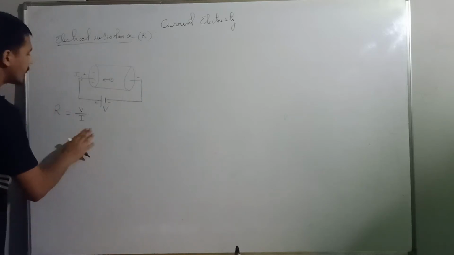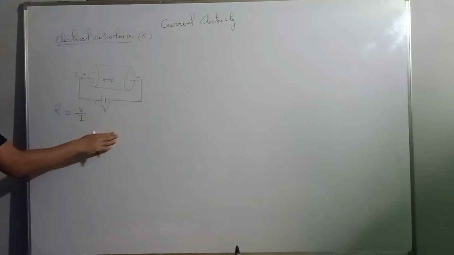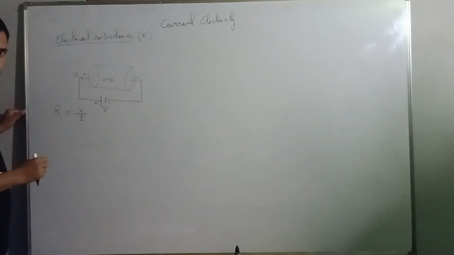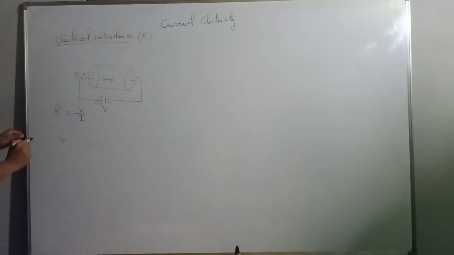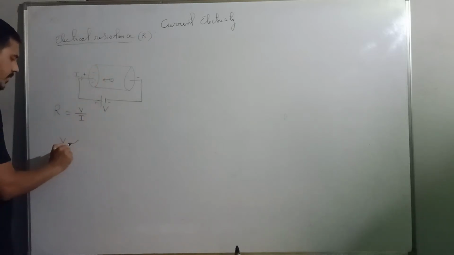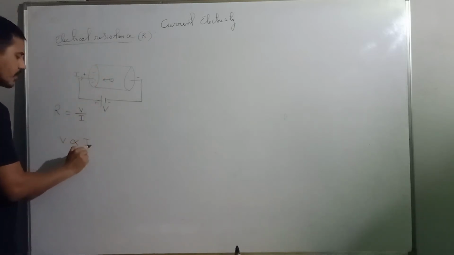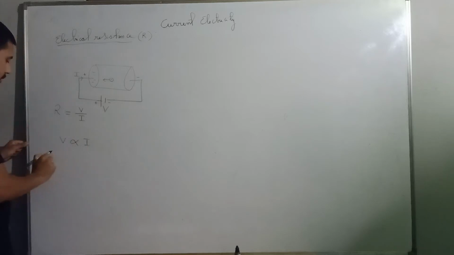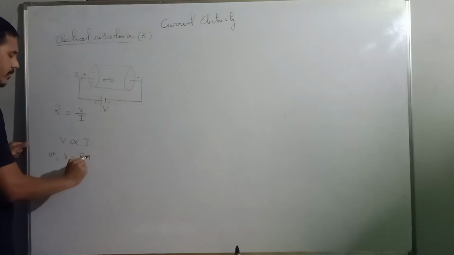Now, from Ohm's law, we know that the potential applied across the two ends of the conductor is directly proportional to the current flowing through it. So V will be equal to RI.